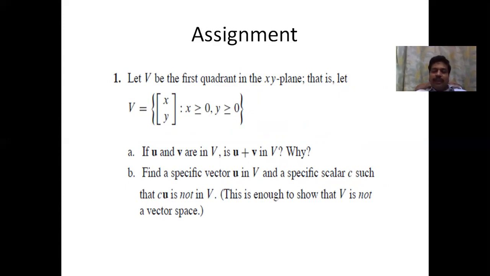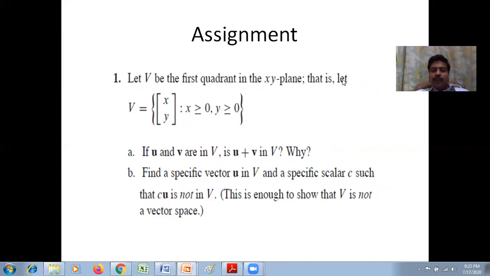Even if a single property does not hold, it is not a vector space. If all 10 properties are satisfied, we give a certificate of vector space, and then the entire theory applies.